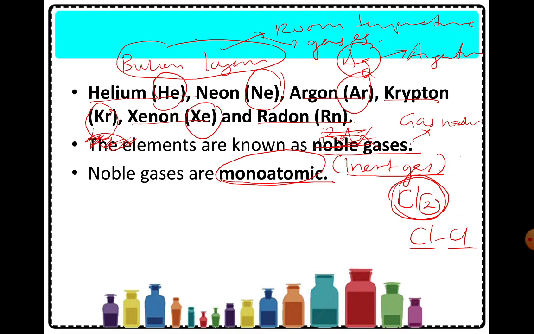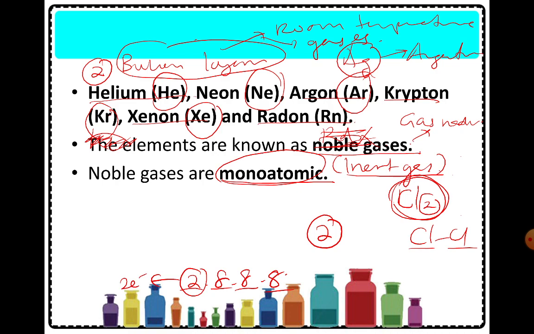Electron octet means eight in the outermost shell, or the electron duplet, which means two, only for helium. We have many shells, for example 2.8, 2.8.8. The first shell can only be filled with 2 electrons. Helium has 2 protons and 2 electrons, so it fills only one shell. The first shell is filled with 2, so it is full and stable. It has no second shell, so it does not need to accept, donate or share electrons. No need to do that, because it is already stable.